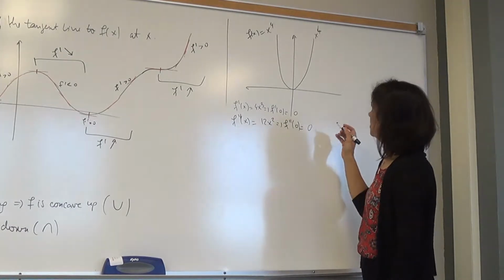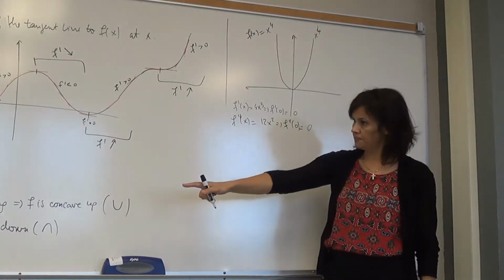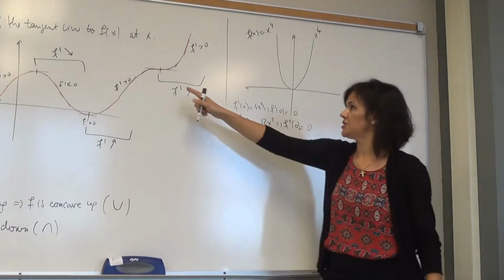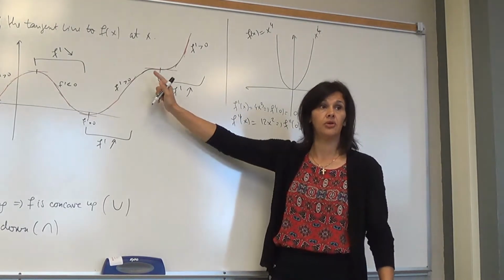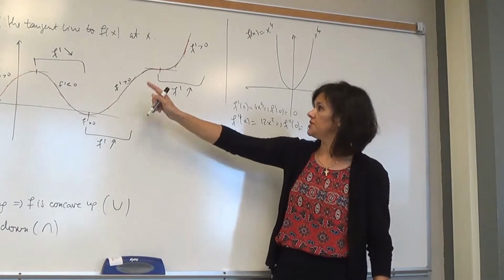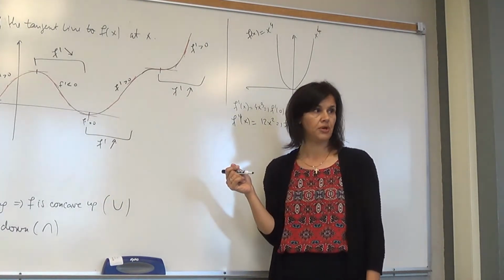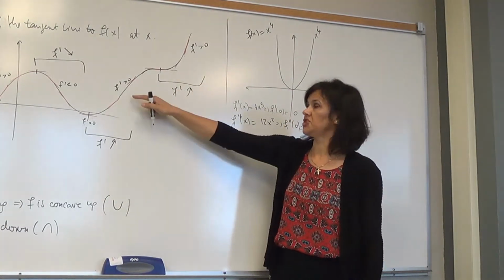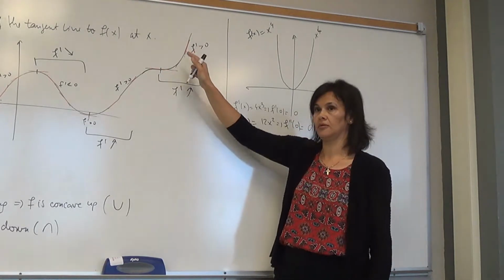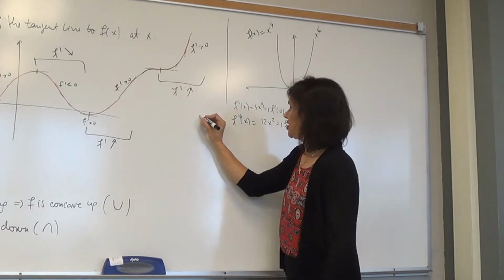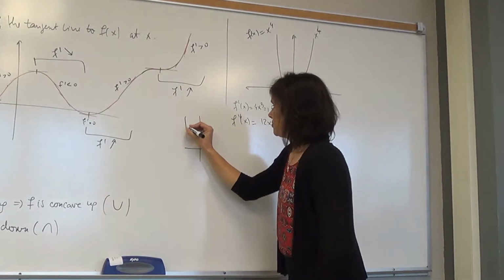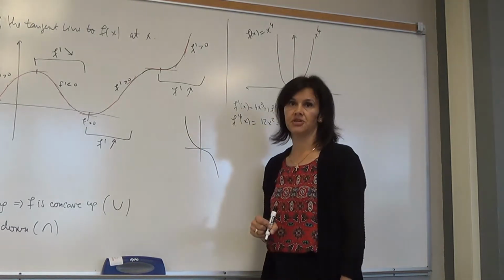So for a point to be an inflection point, it needs to change the concavity. So again, you have to look at the signs. What is f double prime on the left of that potential inflection point? What is f double prime on the right? If it's changing from positive to negative, it is an inflection point. If it's changing from negative to positive, it is also this type of inflection point.